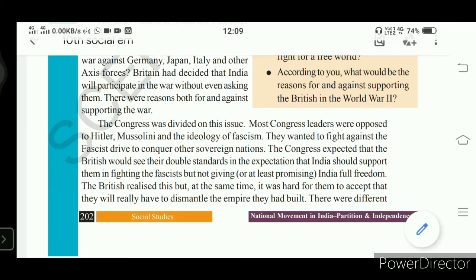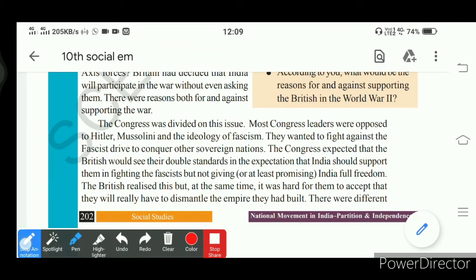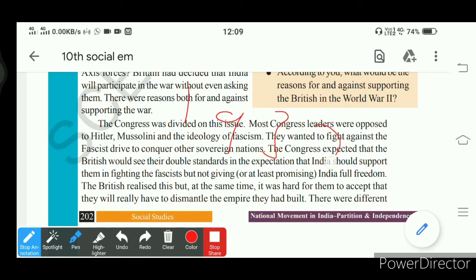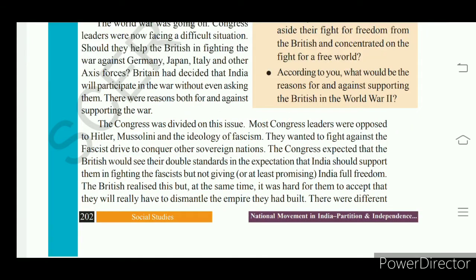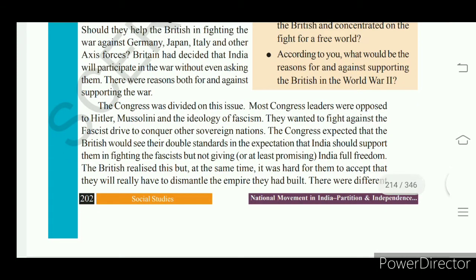So here we see that in 1937 elections were conducted. Congress formed a government in 8 provinces, resigned it, and came out. So when it was war time, it was very difficult for India, critical to take a decision whether to support or not support. Understand?